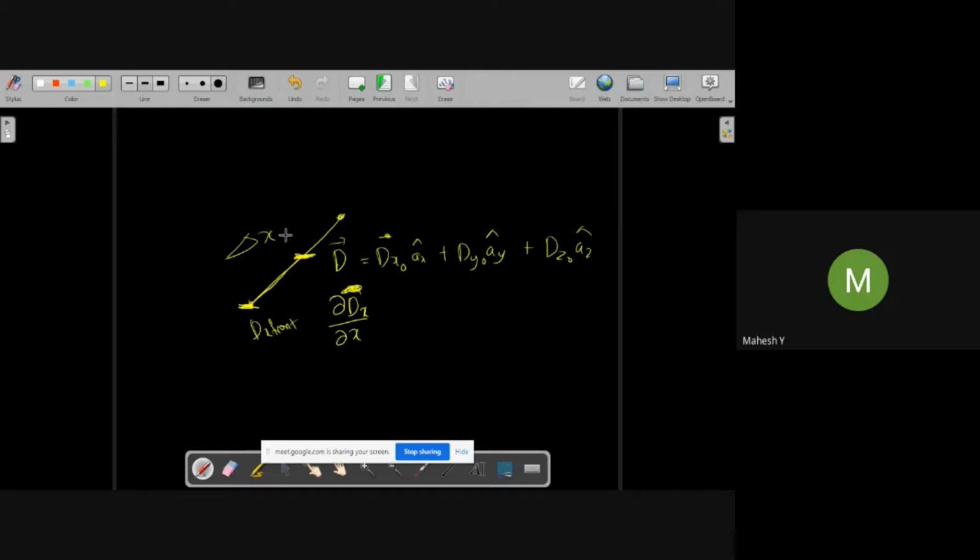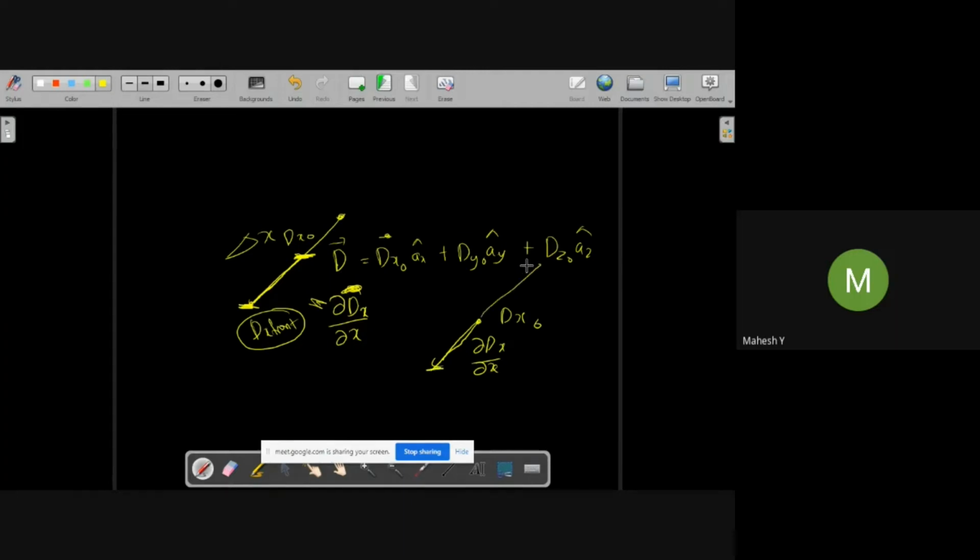Can you tell me, if this is dx0 and it changes at this rate, what will be the value of dx front? Can anybody? Is that clear? At a point it is dx0. It changes at the rate of dou dx by dou x.